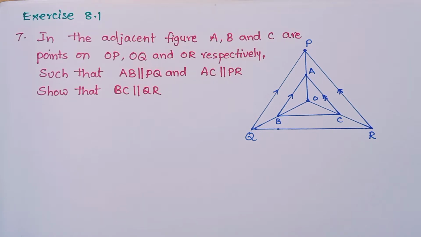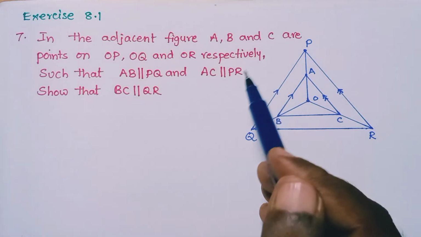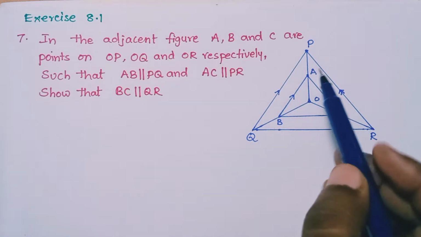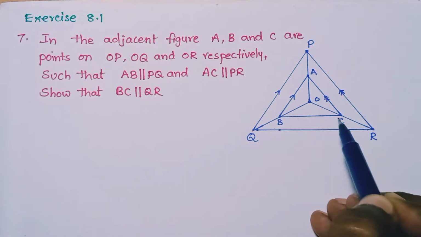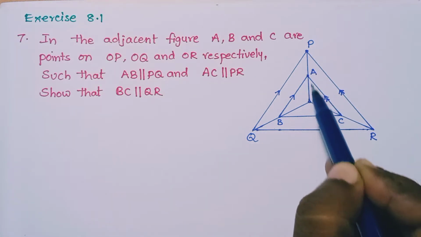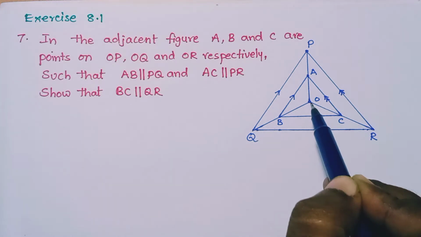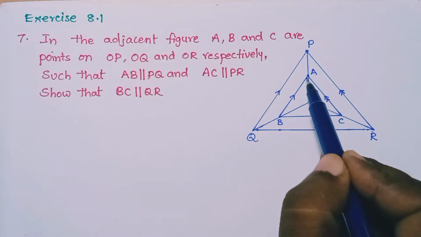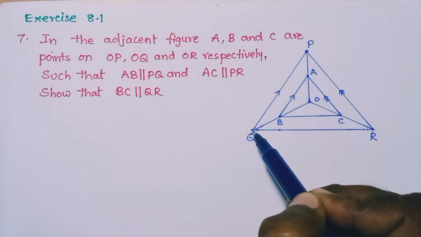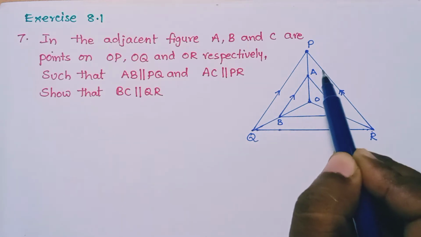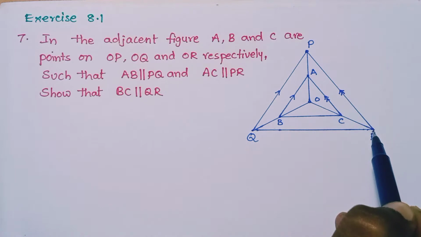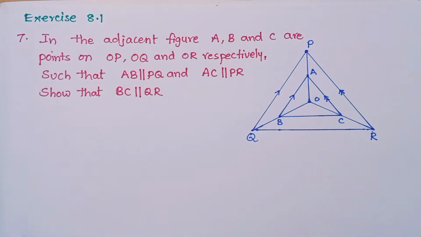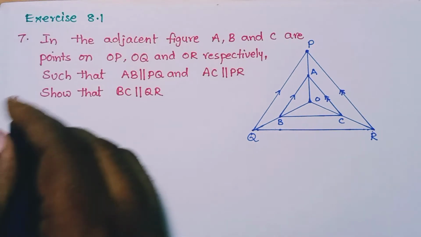In the adjacent figure, A, B, C are the points on OP, OQ and OR, such that AB is parallel to PQ and AC is parallel to PR. Now we have to show that BC is parallel to QR. See the solution.